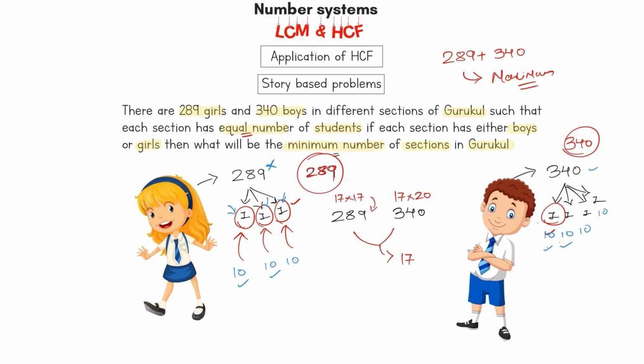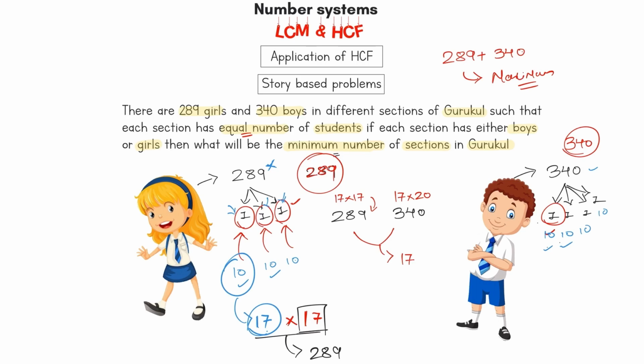Which means put 17 students in each section. With 17 girls in each section, how many sections can I form? 17 such sections, such that I can accommodate 289 girls. So I have 17 sections here.